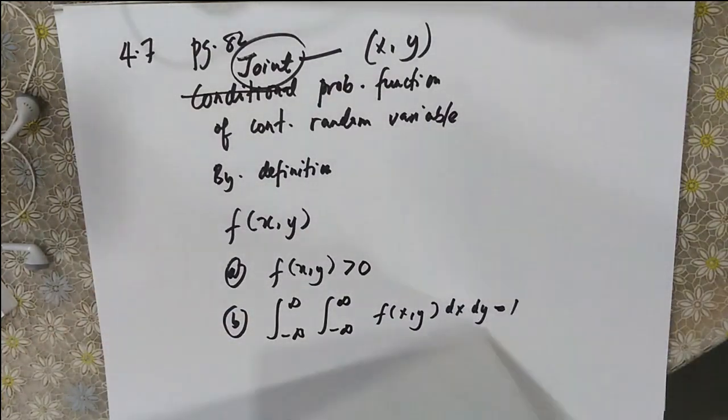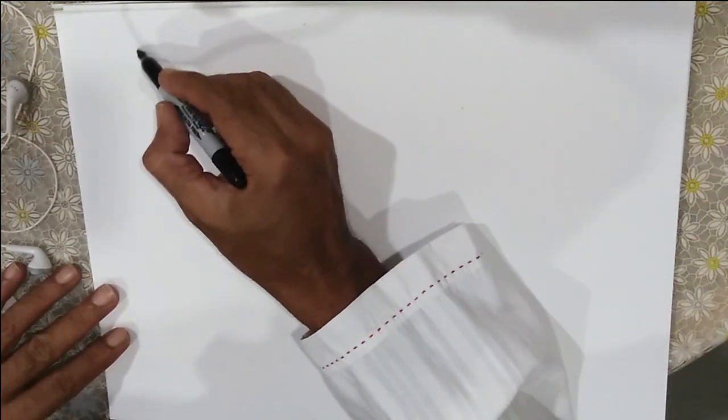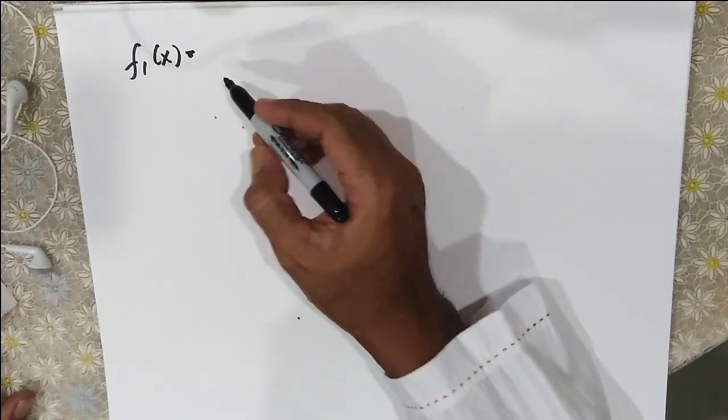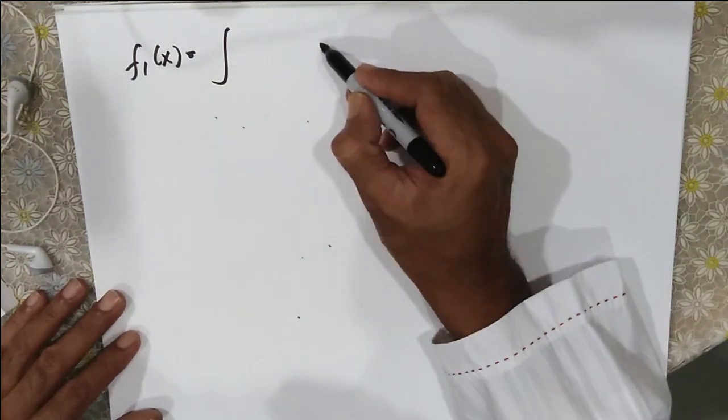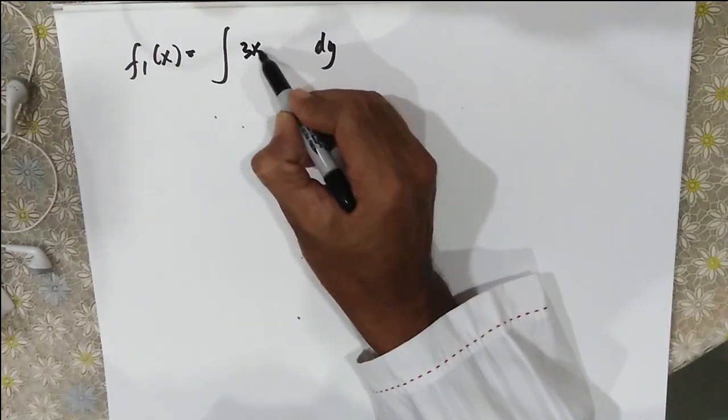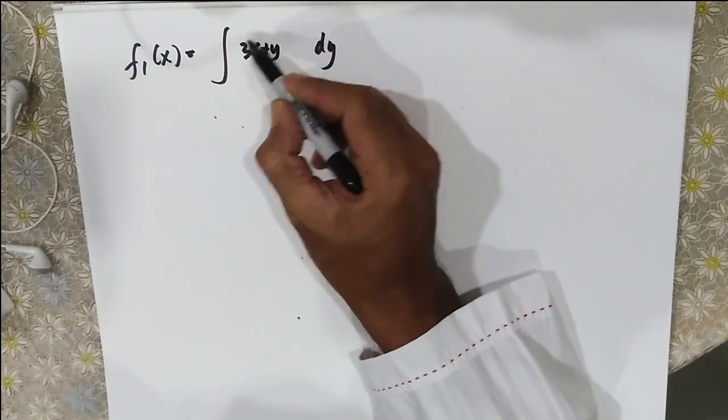So now the marginal of x, f sub 1 of x, is equal to the integration with respect to y of the original function, 3x plus y, times k.